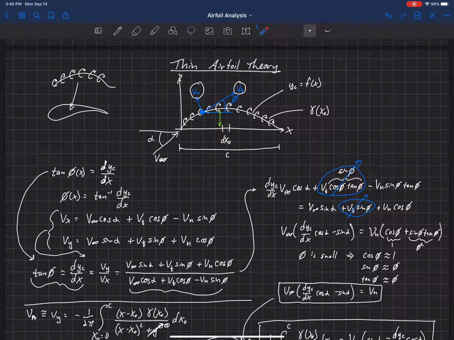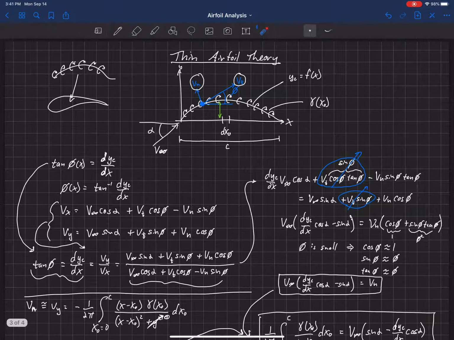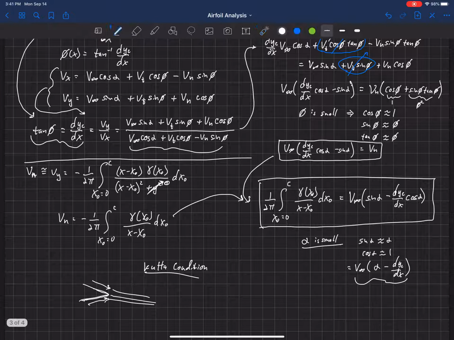So if we want the tangential velocities from the upper and the lower surface to be the same at the trailing edge, that means the strength of the sheet at that location has to be equal to 0. So what we know is that gamma at c, which is the chord length at the trailing edge, has to be equal to 0. And that is called the Kutta condition, and that will force the flow to come off of the trailing edge tangent to the trailing edge because there's zero vorticity strength there due to this vortex sheet.